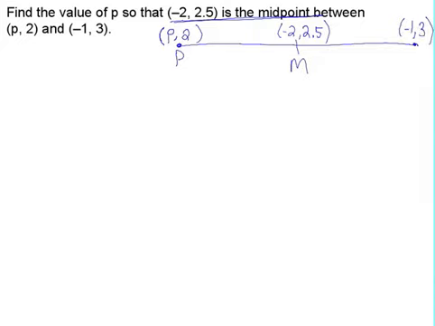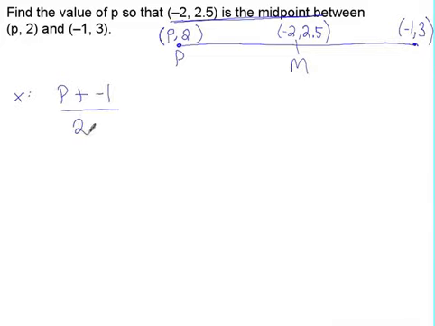Okay, so the diagram should help you decide how to work through midpoint. Midpoint is add up the x-coordinates. So we'll do the x first. X is our first coordinates. So one endpoint is P plus the other x-coordinate at the other end is negative 1.